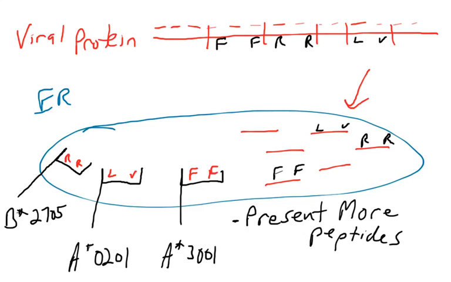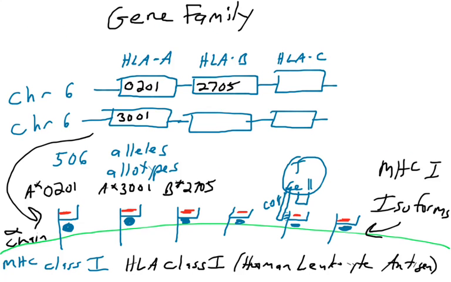So our numbers of peptides that we can present has now gone up just by adding another version of this gene. Right? So going back to here, right?